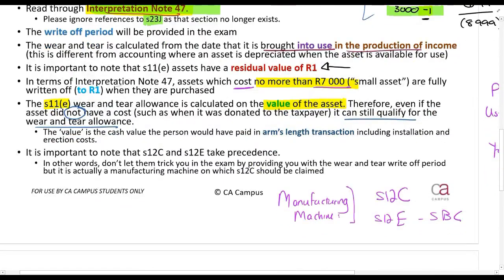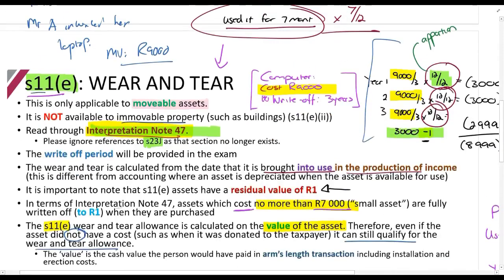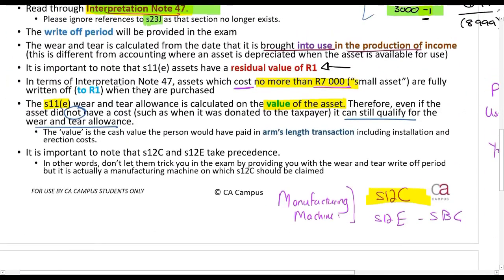right, so you might buy an asset and it might qualify for both Section 12C and wear and tear. Now, what they do in exams, I'm just warning you, is they'll tell you, and most students know rules like this about manufacturing machines.